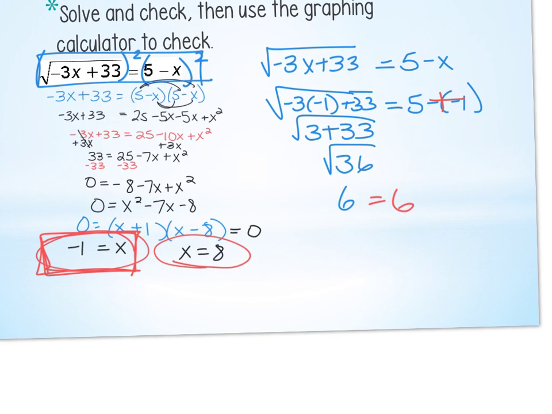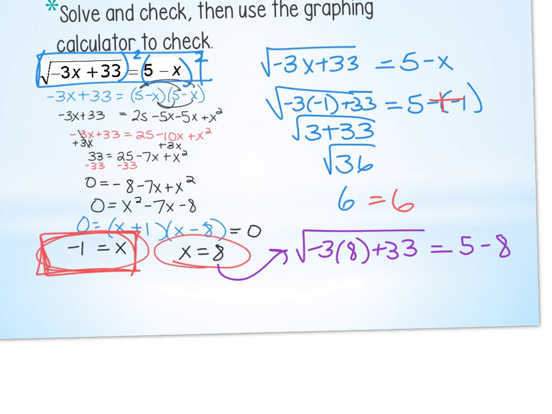And now I want to check 8. What's negative 3 times 8? Negative 24. What's negative 24 plus 33? 9.